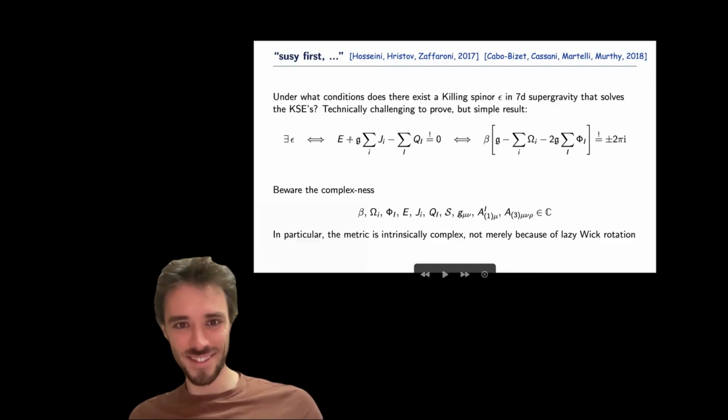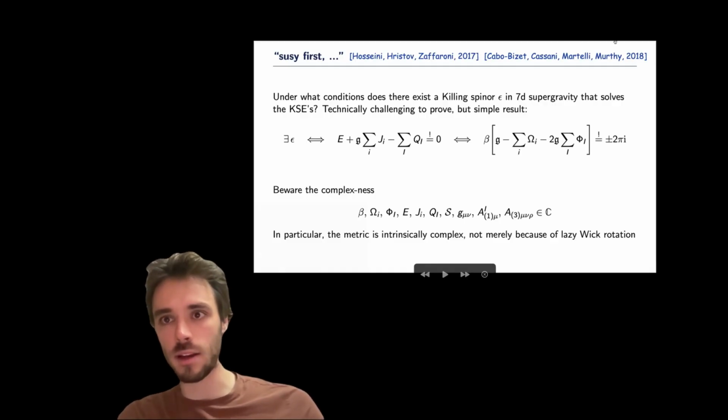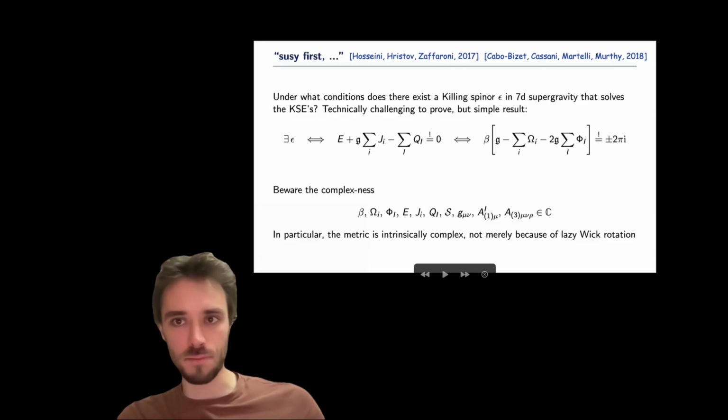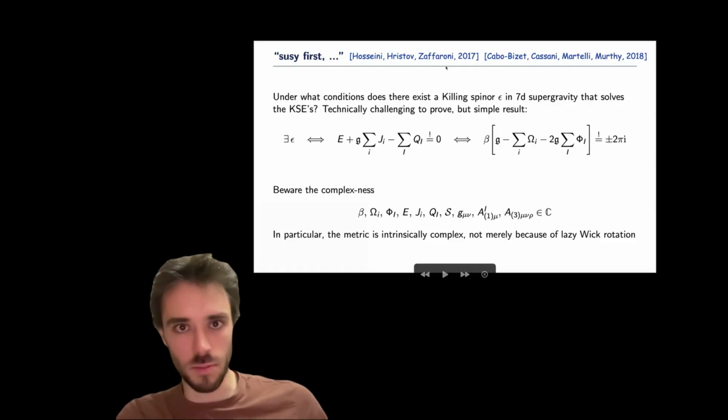So is it an old result? What are the names attached to this result? Well, okay, the place where this was analyzed is those two papers. This one you're familiar with, of course. But of course that was analyzed in the special case of 5D supergravity.